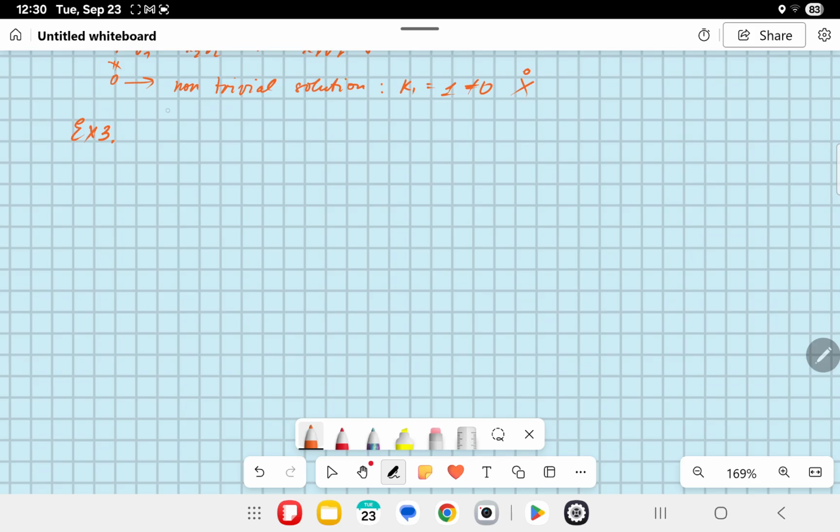Let's consider the space of all polynomials of degree less than or equal to n. For example, you choose 2. So all polynomials of degree 0, 1, and 2.